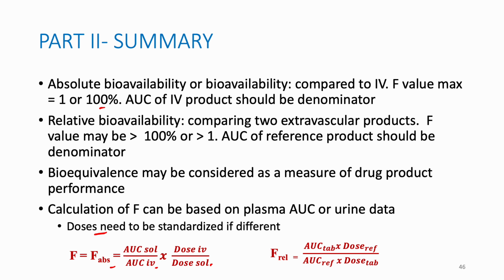In case you compare relative bioavailability, for example, the bioavailability of the tablet to the bioavailability of a reference, it is AUC of tablet divided by AUC of reference, times the dose of reference divided by the dose of tablet. And remember, when you calculate the absolute bioavailability, the AUC of the IV product should be the denominator. But when you calculate the relative bioavailability, the AUC of the reference product should be the denominator. That's something you need to remember.